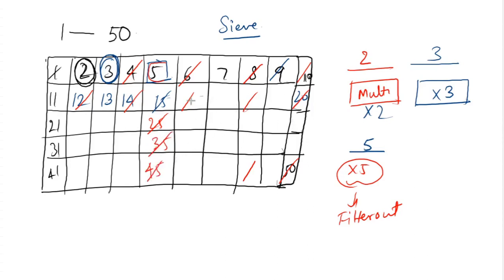So this is the idea of the Sieve of Eratosthenes, and this is how the algorithm is going to work out. Next 7 will be selected. Then whatever is unmarked, 11, 13 and so on. In this way, all the prime numbers will be printed.